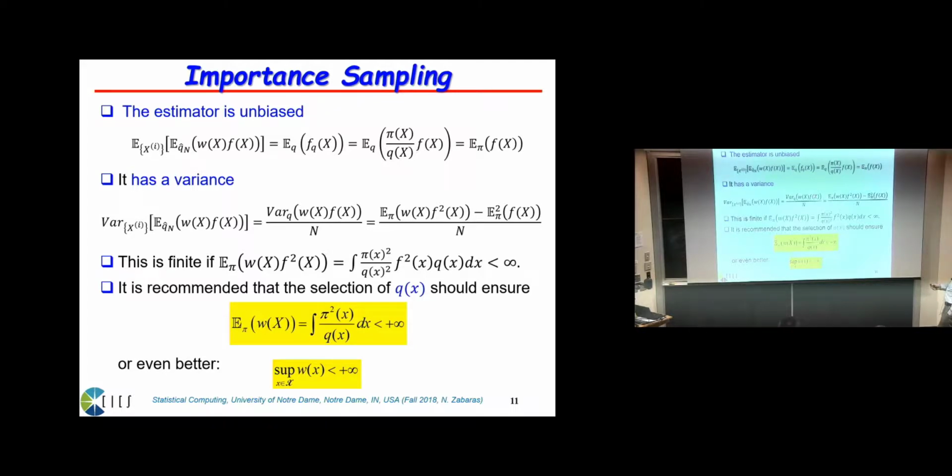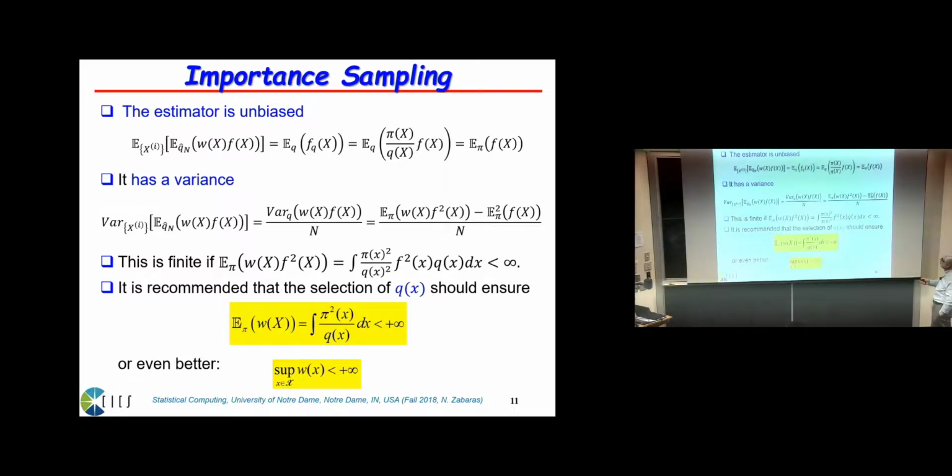So you have W squared F squared times Q, because the expectation is with respect to Q. W squared will give you pi squared over Q squared; the Q squared and the Q will cancel. One of the pi over the Q's will give you W, the other pi will give you the expectation with respect to pi. Just playing with arguments here to make things look nice, okay? So this is what you get minus that.